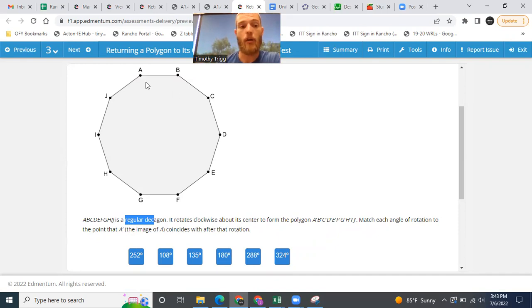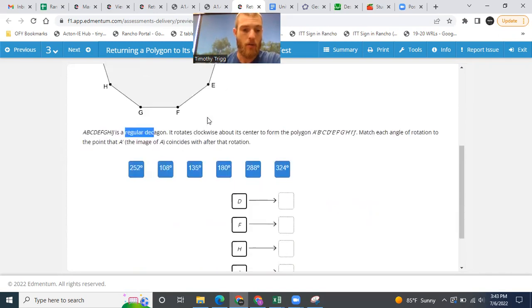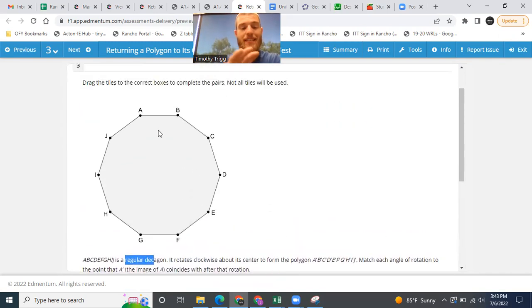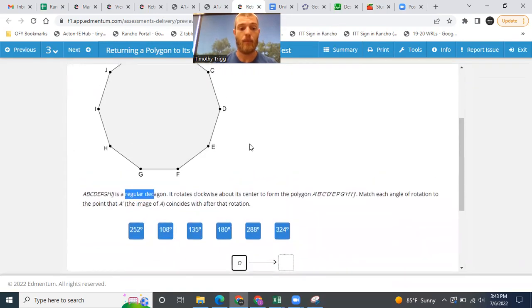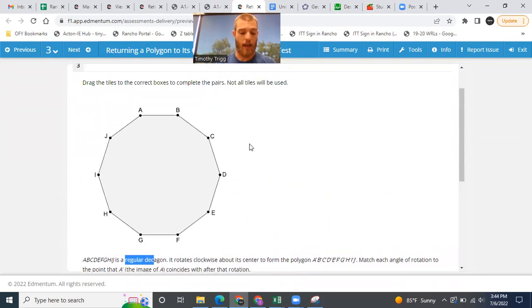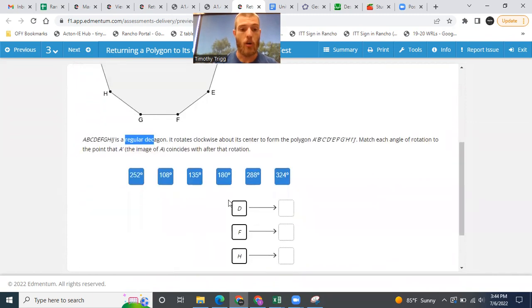So a 36-degree angle will move A to B, all right? Well, to move it to C, we would do that 36 times 2. So it'll be a 72-degree angle to get to C. Then 36 times 3 to get to D. So in order to get to D, it was a 36 times 3, that's 108 degrees.